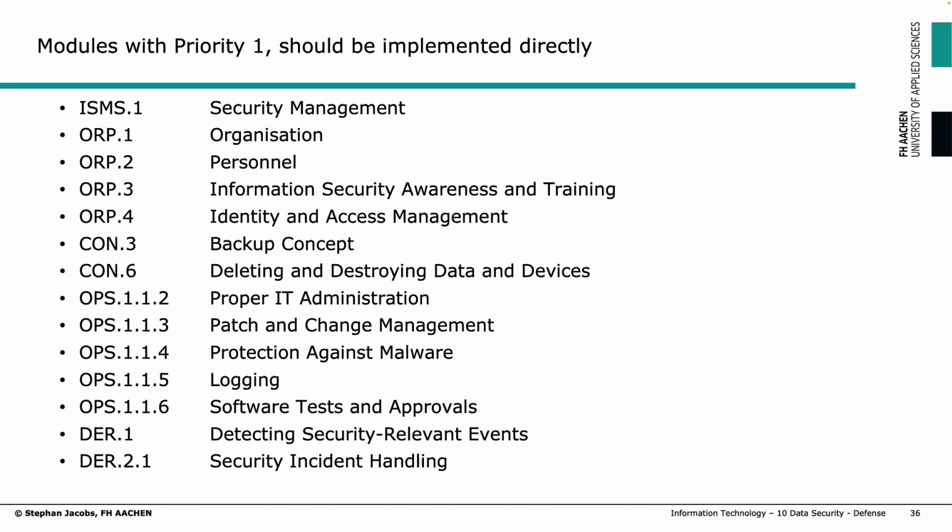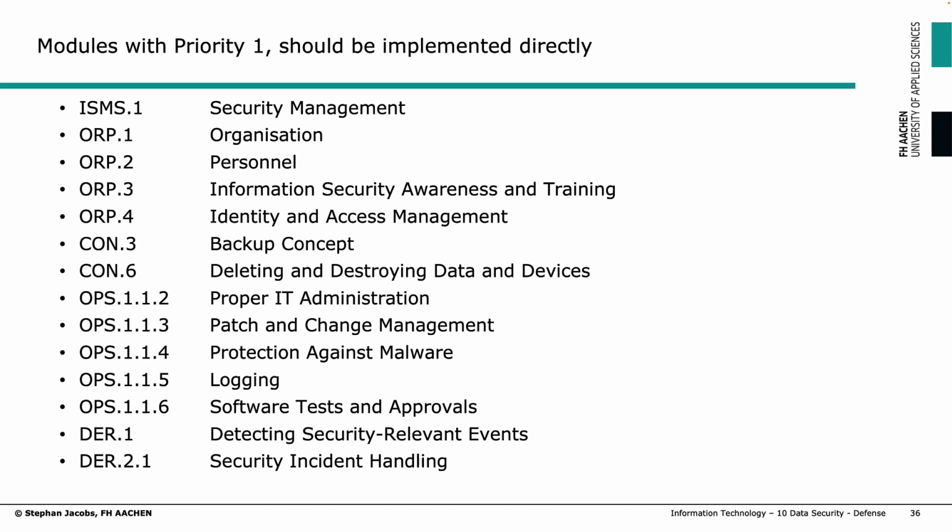Then you require personnel. There is something about information security awareness and training, simply to fight these human factors issues we talked about before. And you remember this user concept? This is within identity and access management.